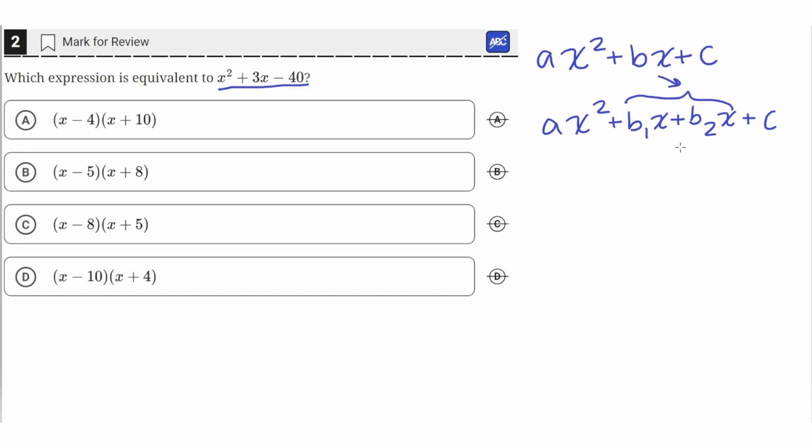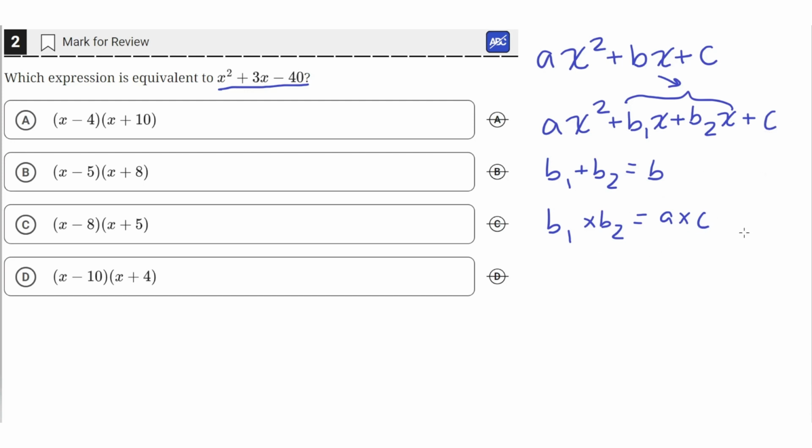into 2 smaller b terms, where b1 plus b2 is equal to the original b, and b1 times b2 is equal to a times c, where a is the coefficient of the second degree term and c is the constant.